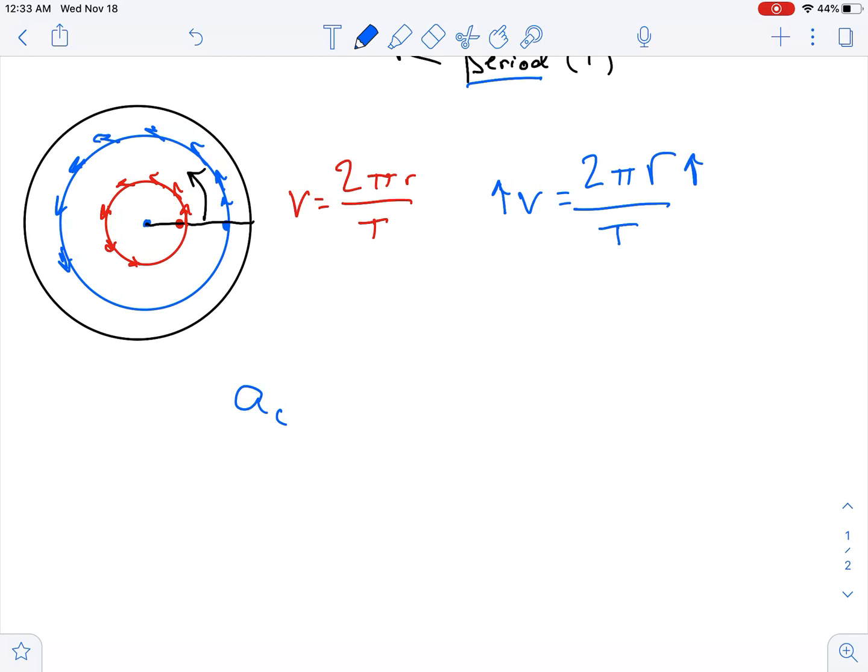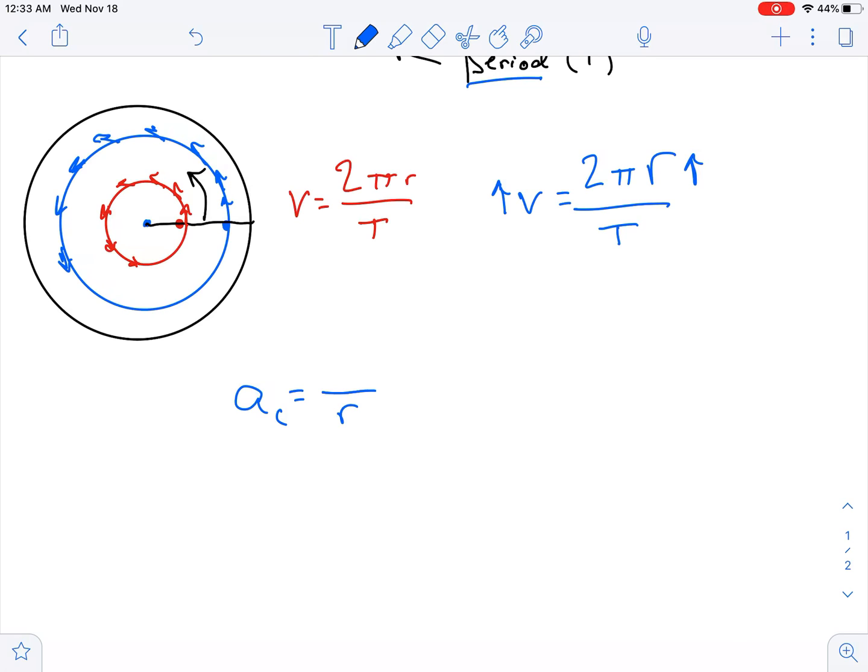The larger radius I have, the less accelerating I'm doing, provided I'm traveling at the same speed, because my direction doesn't change as much. Because of that, I get an inverse relationship, which means when I'm going to do my calculation, my radius is actually going to be on the bottom of any equation.